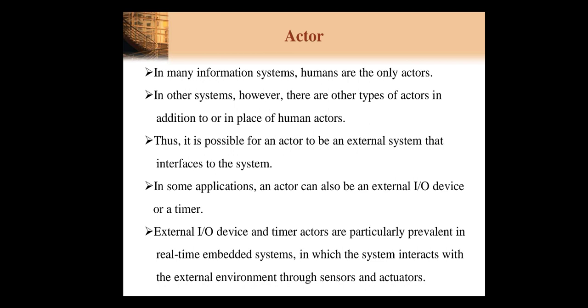It is possible for an actor to be an external system which interacts with the system, or it may be some IO device that interacts with the system. In some applications IO devices can play the role of an actor, like a timer, which plays the role of an actor to activate the sensors of your system.